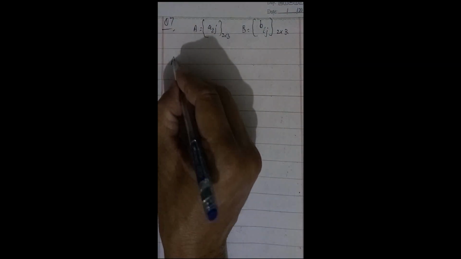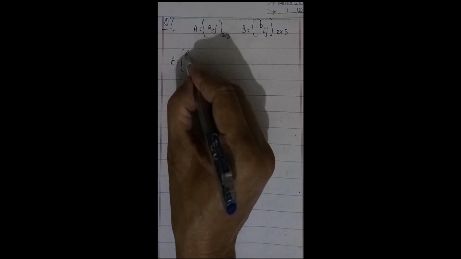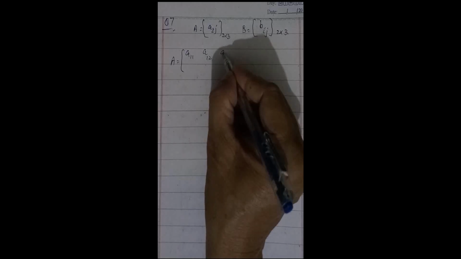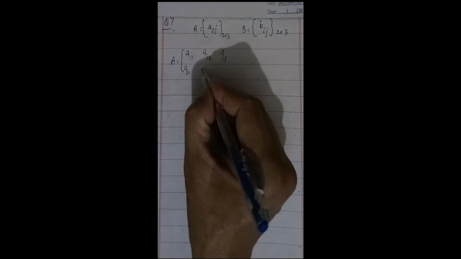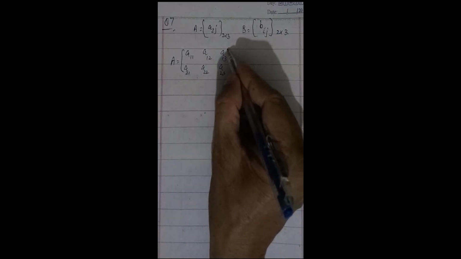Now we write these two standard matrices of A and B, which is A is equal to A11, A12, A13, and second row is A21, A22, A23.